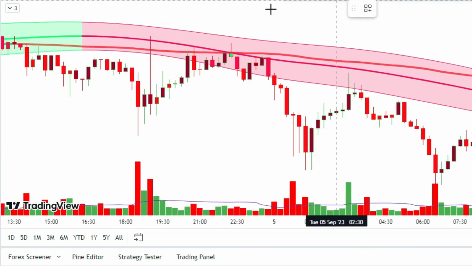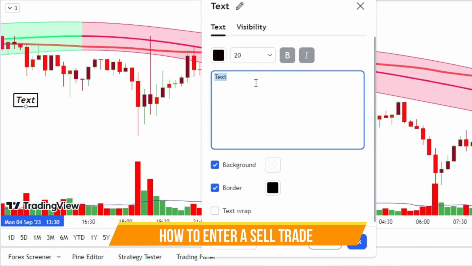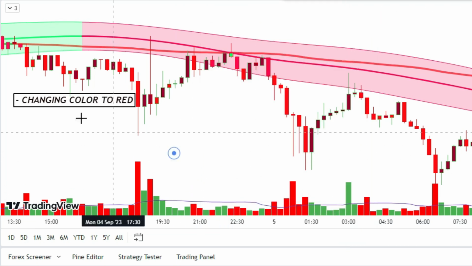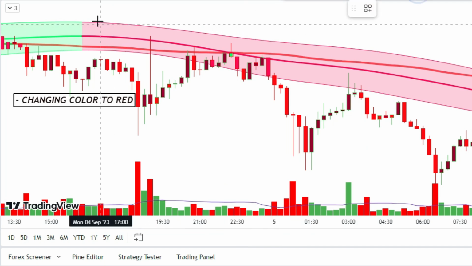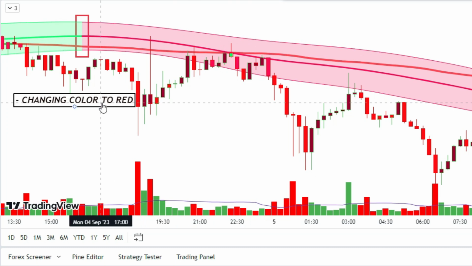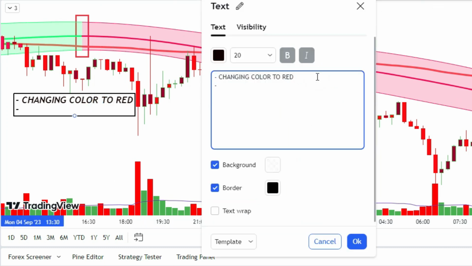Now, for the short trade, watch the GC indicator. Wait for the bands to turn red from green. And make sure you're trading down. That's crucial.